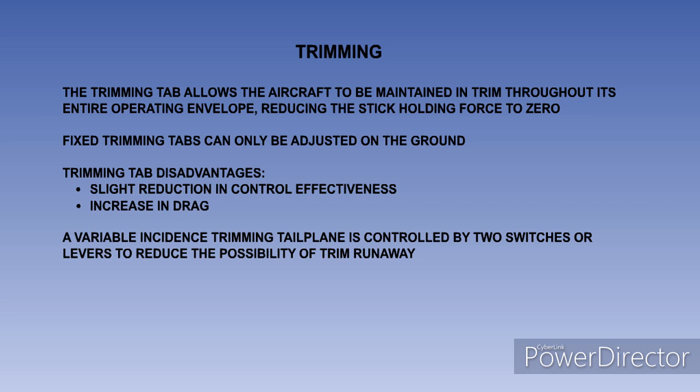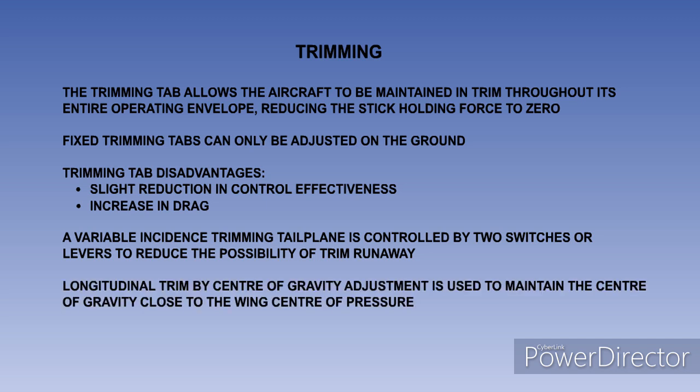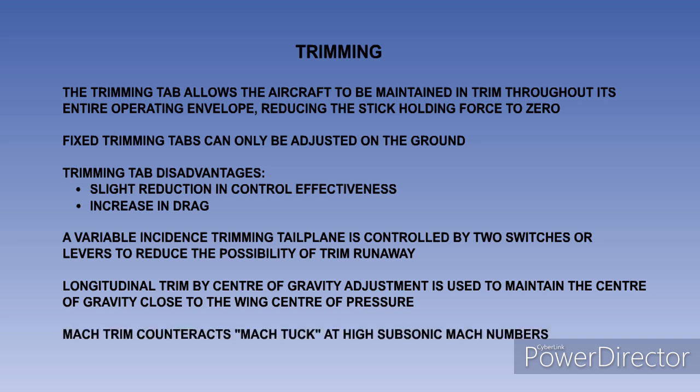It is controlled by 2 switches or levers to reduce the possibility of trim runaway. Longitudinal trim by centre of gravity adjustment is used to maintain the centre of gravity close to the wing centre of pressure. It is normally achieved by transferring fuel between forward and aft tanks. Mach trim is an automatic system used to counteract Mach tuck at high subsonic Mach numbers.